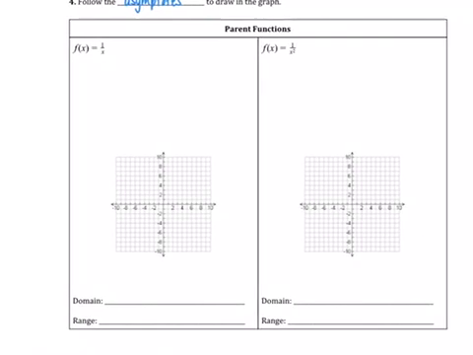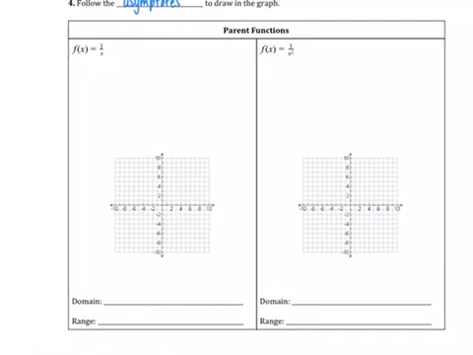The first one is f of x equals 1 divided by x, and the first thing we're going to do is find the vertical asymptote. The way that we do that is we set the denominator equal to 0, and there's nothing actually to solve, so the vertical asymptote is x equals 0.